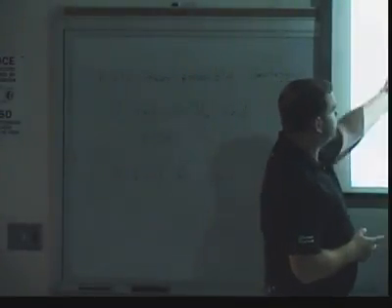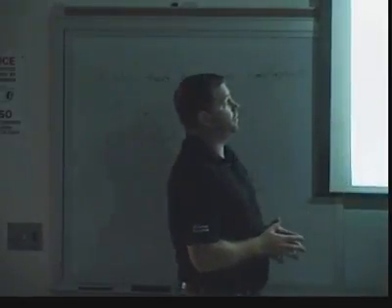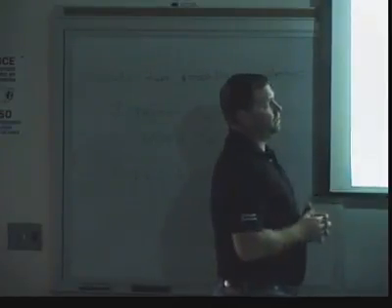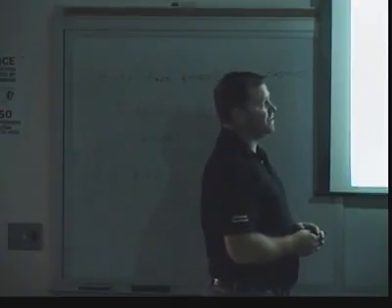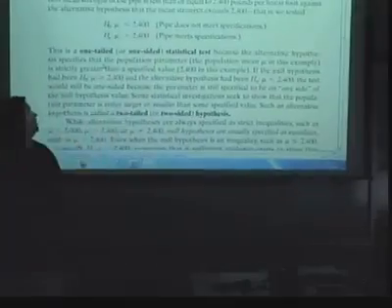If the null hypothesis had been H naught mu is greater than or equal to 2,400, and the alternative was the opposite, mu is less than 2,400, this would still be a one-tailed test, but now our tail would lie at the left-hand side of the normal curve instead of the right-hand side. Right? Because we're testing for mu being less than a value rather than mu being greater than. Does everybody kind of see the difference between those two?